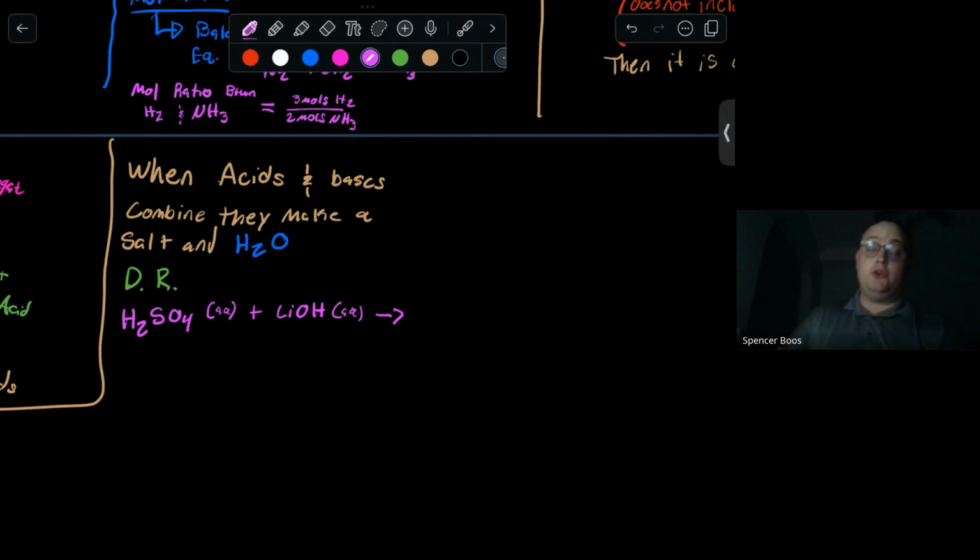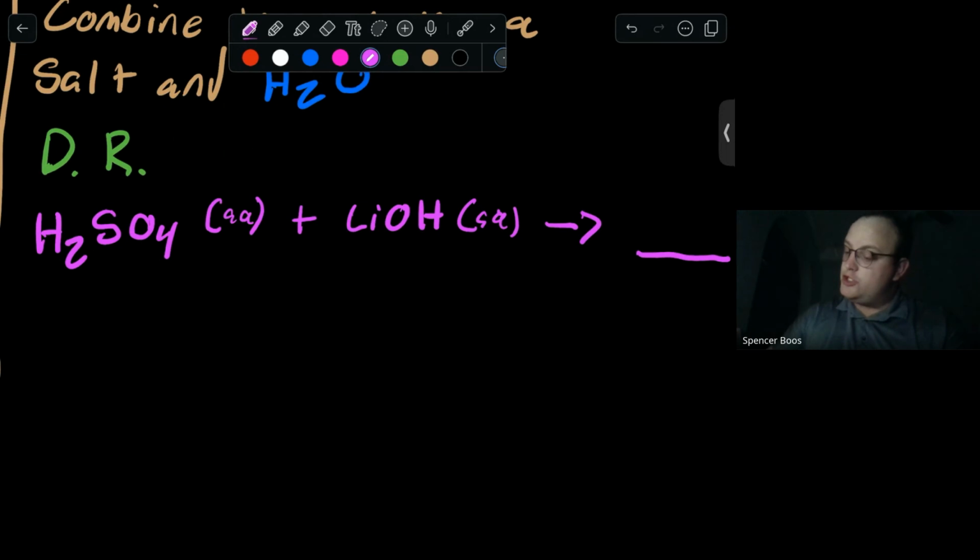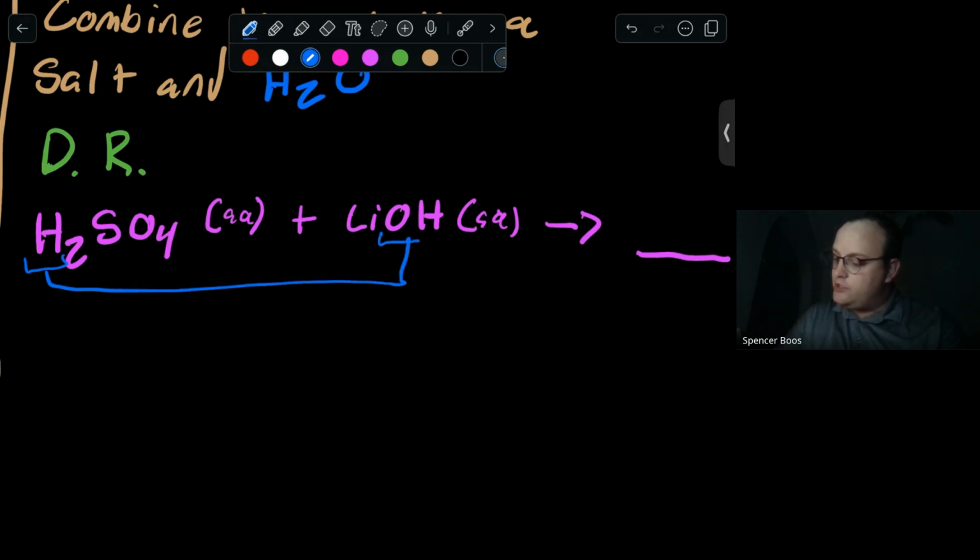Or what is produced by these two things? And guess what? You already know how to do this. It's a double replacement reaction, which just means that this hydrogen goes with the hydroxide, and this lithium goes with the sulfate. And you just plug them in like that.